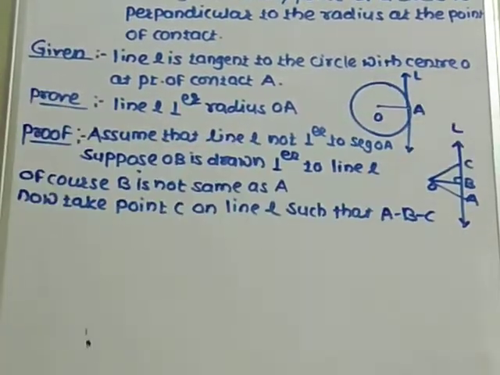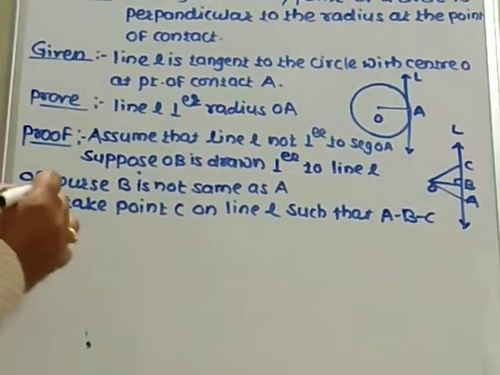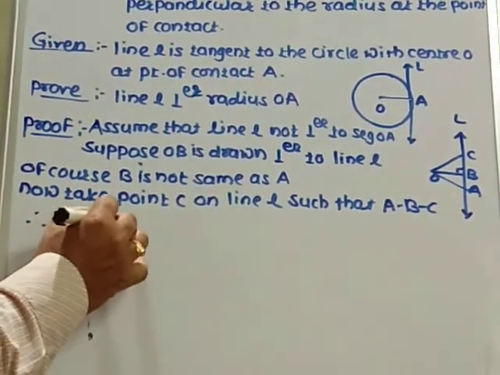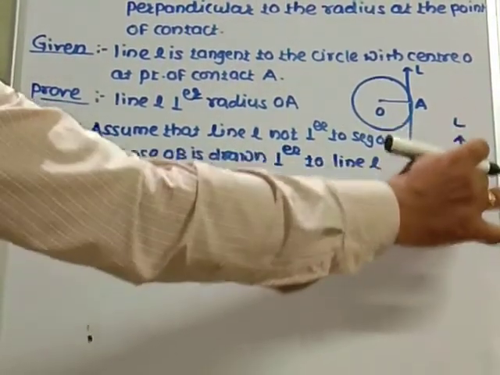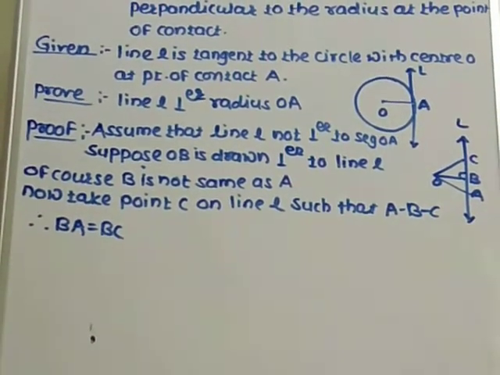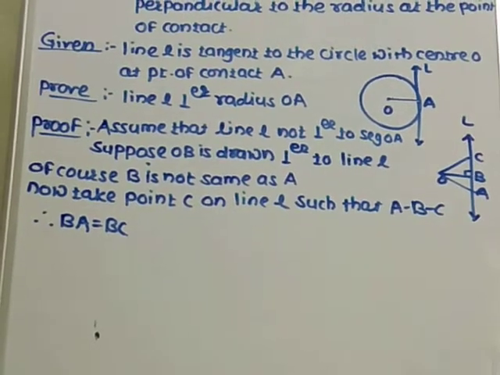These are points in one line. Therefore BA is equal to BC. They are collinear points, so BA is equal to BC.